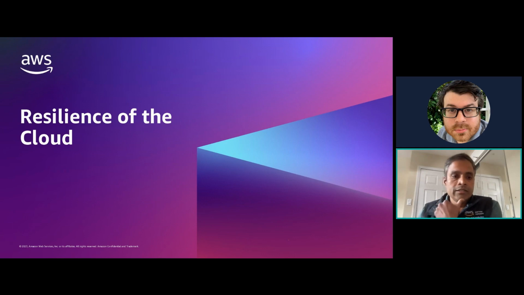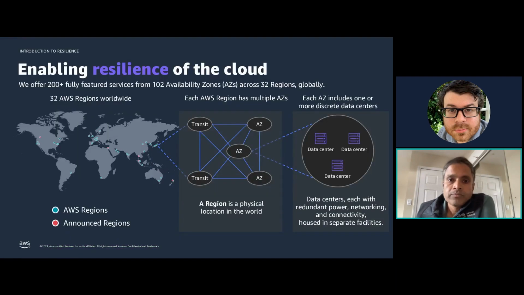So let's take a look at a few points about how AWS achieves the resilience of the cloud. In AWS, a region is a physical location around the world where we cluster data centers.